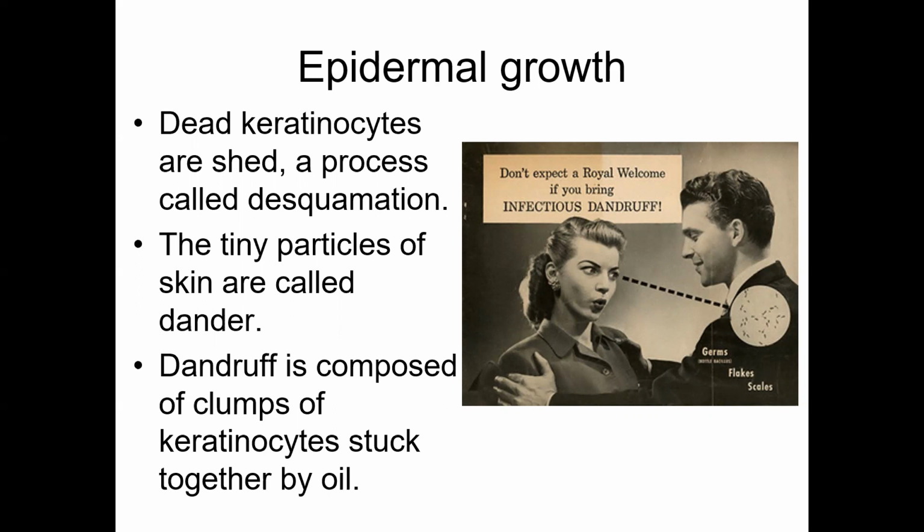Or if you've seen the little fish that will exfoliate your skin for you, and they'll eat away the dead skin, which is super gross. That's the same sort of thing with exfoliation. But desquamation is them falling off. And the little particles of skin are called dander. If they get clumped together into visible particles, usually with oil from hair follicles, it's called dandruff.